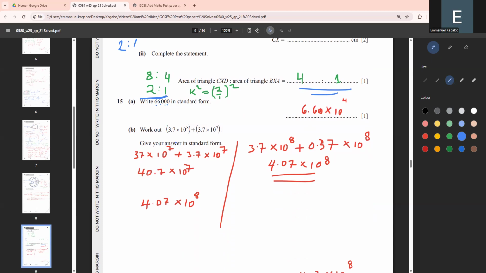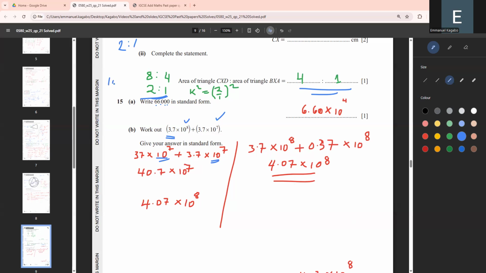Then they told you to work out this without a calculator, and you have to see the powers are not the same. There are different methods you can go with. I decided to make them power 7. So if I make this one power 7, it will be 37 times 10 power 7 plus 3.7 times 10 power 7. Now, because this is the same and this is the same, I can factorize that.